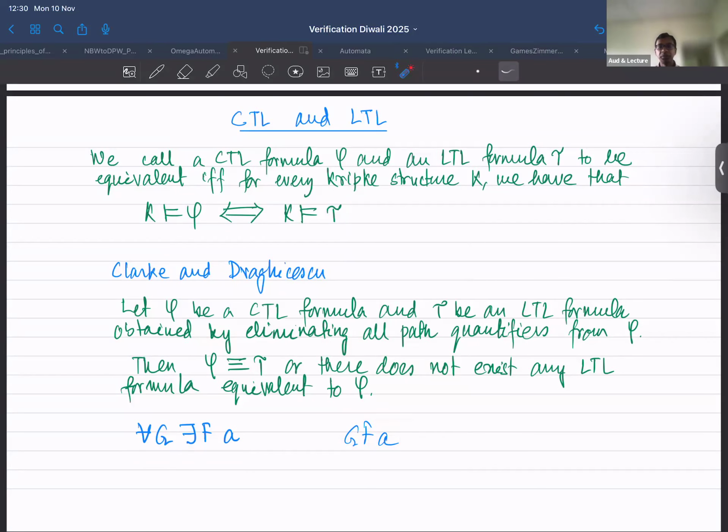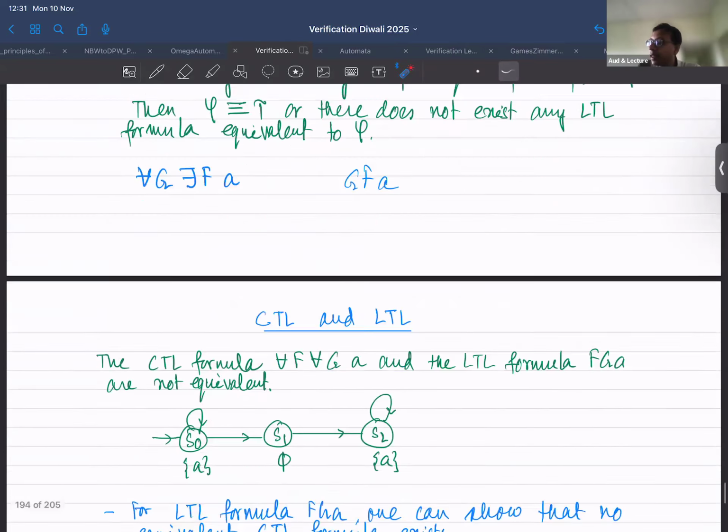Clear? Since you can show these two are not equivalent, because there exists a Kripke structure where they differ, it follows from this theorem that for this formula there doesn't exist an equivalent LTL formula. Yes, indeed, for this CTL formula there doesn't exist an equivalent LTL formula.